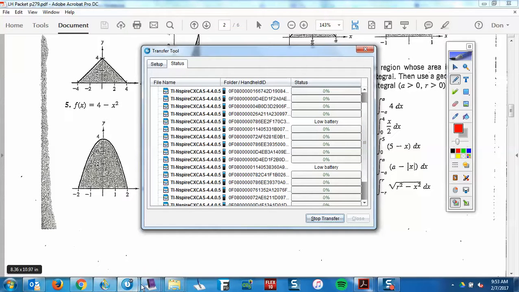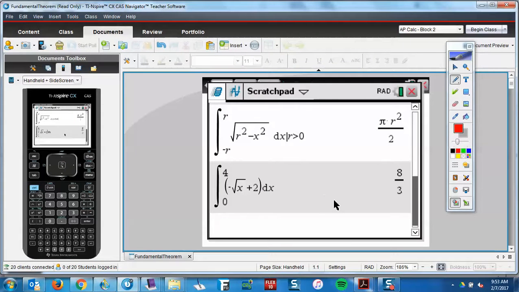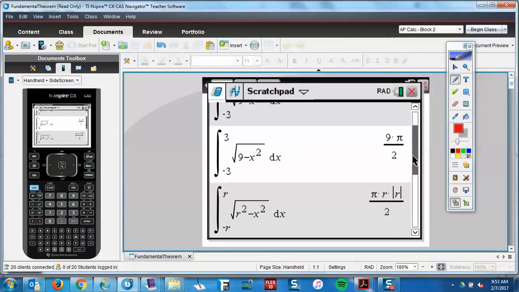Okay, so anyway, back to the calculator. So let's do a couple of these. Okay, there we go. I typed a couple of them in here already.